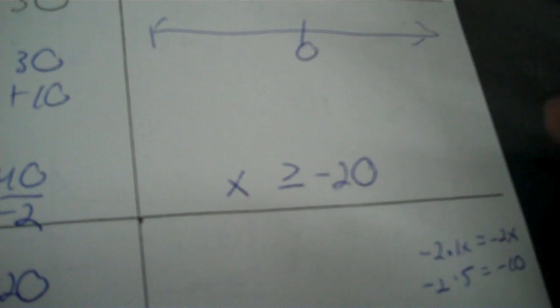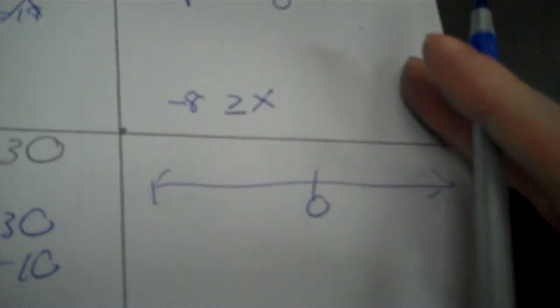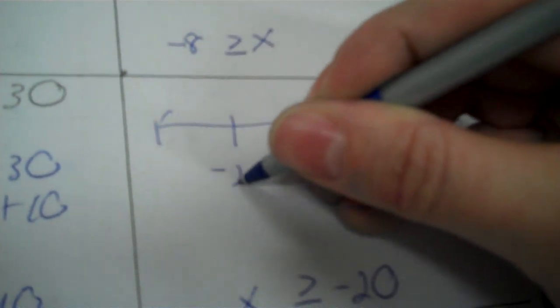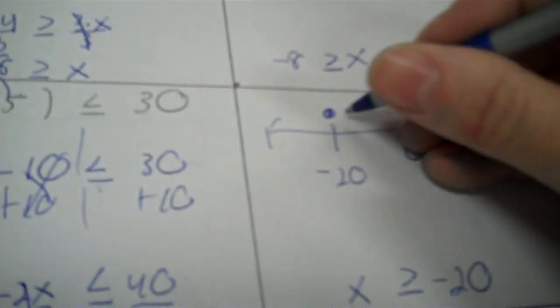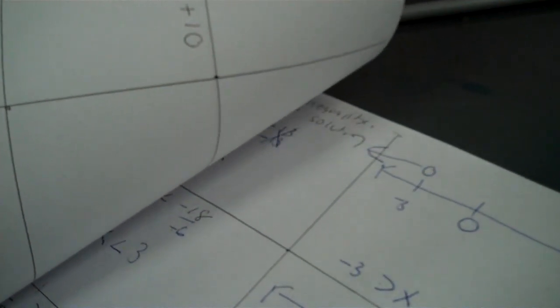Negative 20, but remember we come over here and the symbol has turned because we had to divide by a negative number. Now is that open towards the x or open towards the number? Opens towards the x, so it goes this way. Alright, and you got 7 to do. They're very similar to what you just did.